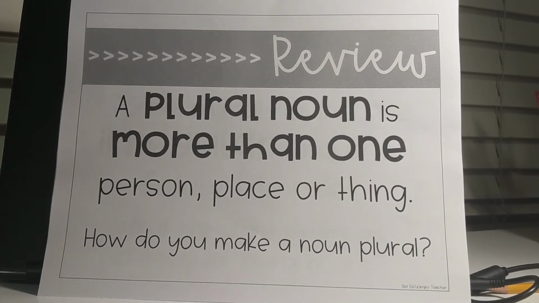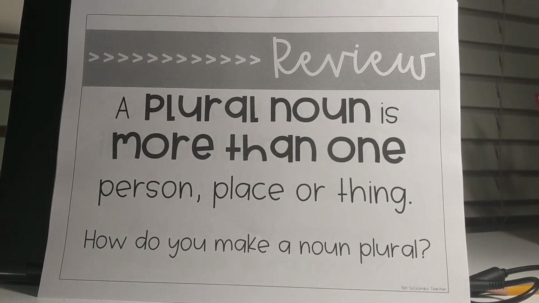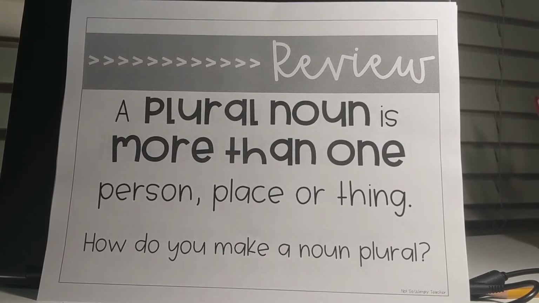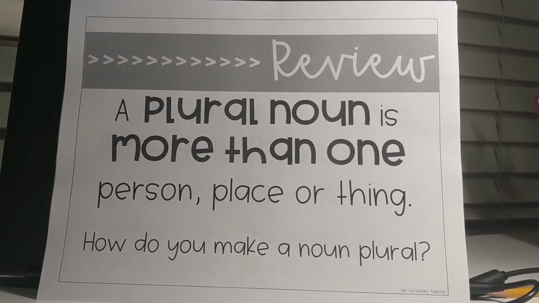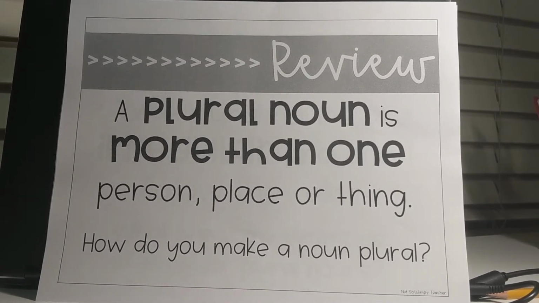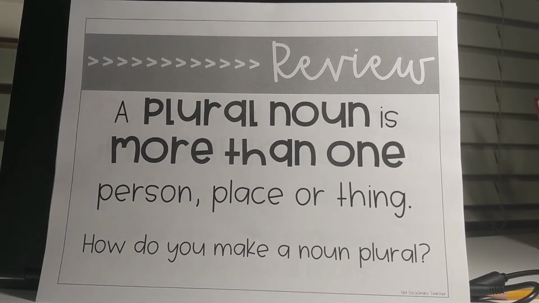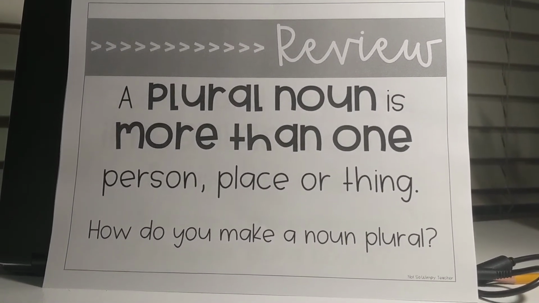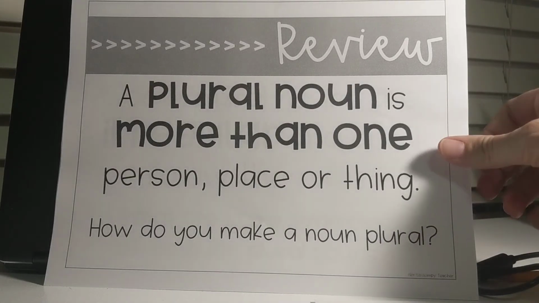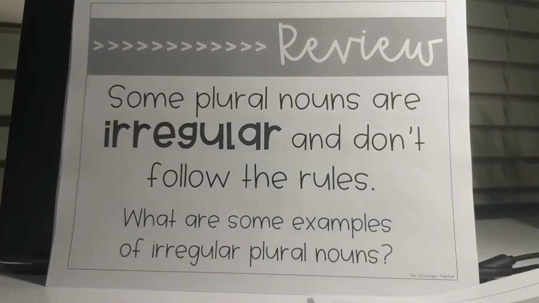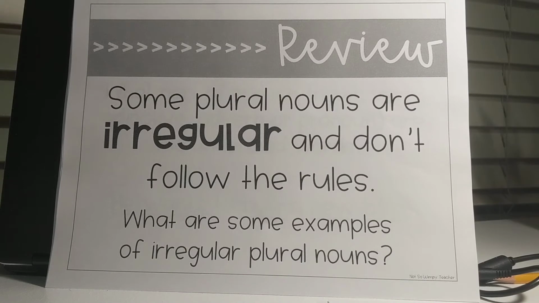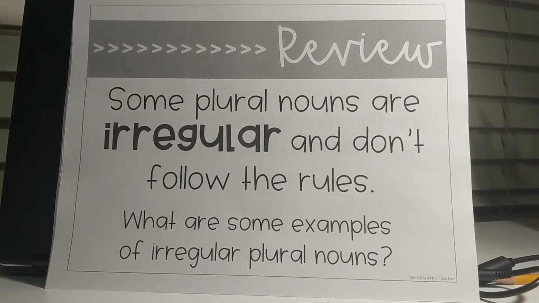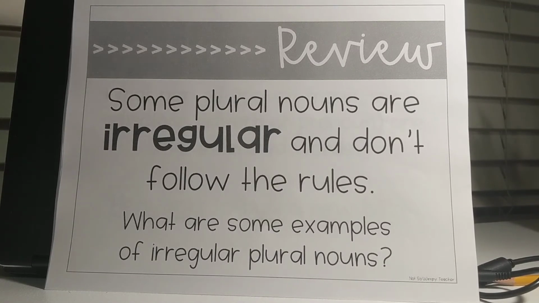A plural noun is more than one person, place, or thing. So, for example, if you have one pencil, then it's pencil. If you have more than one pencil, then you have pencils. How do you make a noun plural? A lot of times we add s or es to a word, but sometimes we have plural nouns that are irregular and don't follow the rules.